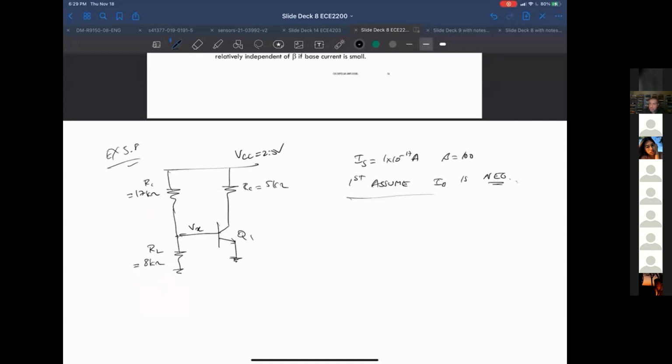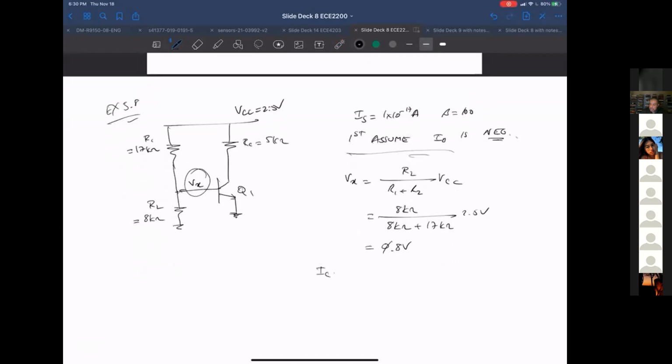With this assumption, V sub x is just a resistive divider equation: R2 over R1 plus R2 times VCC. So it's 8K ohm over 8K ohm plus 17K ohm times 2.5 volts. It ends up being 0.8 volts.